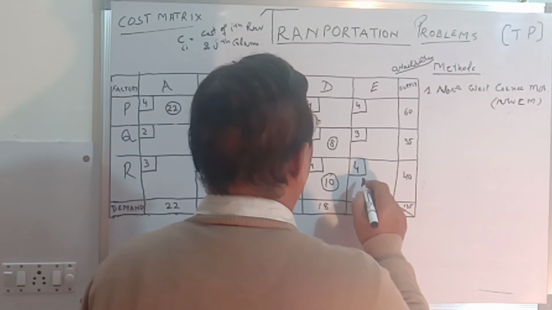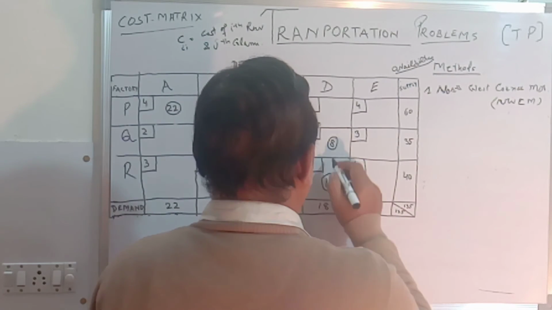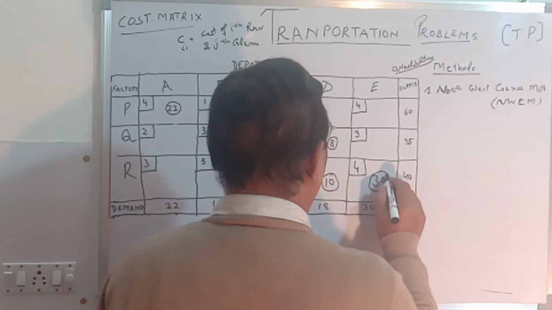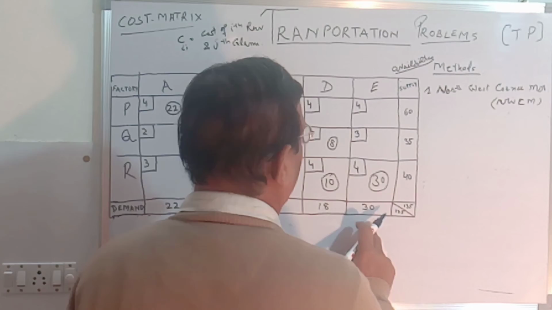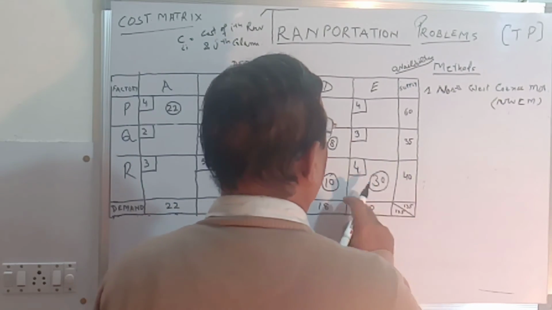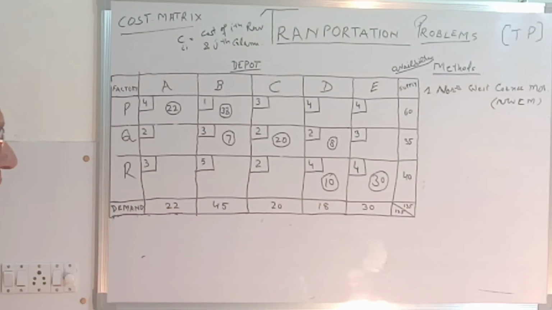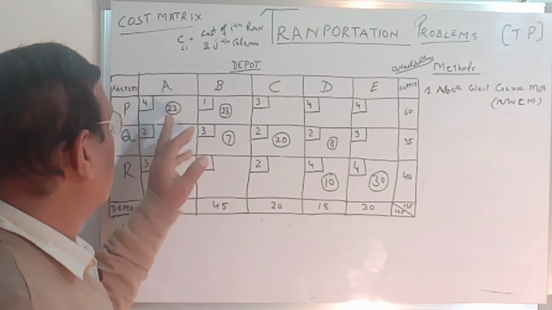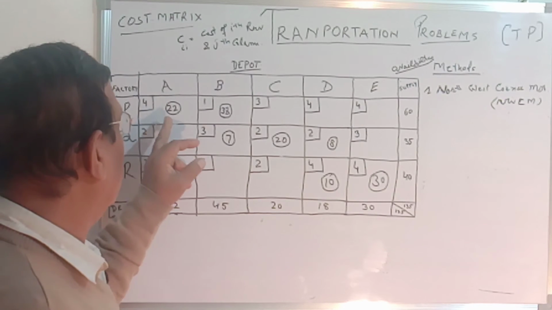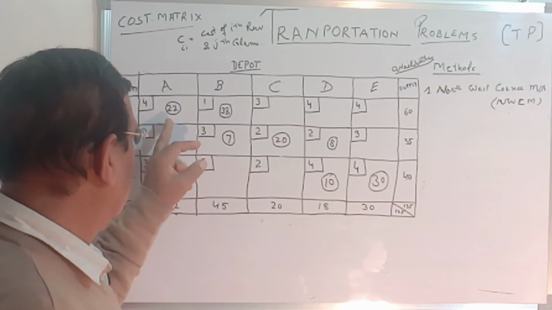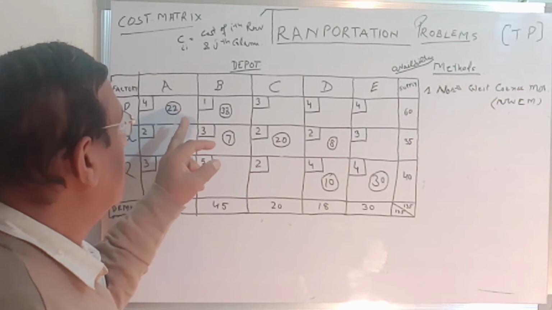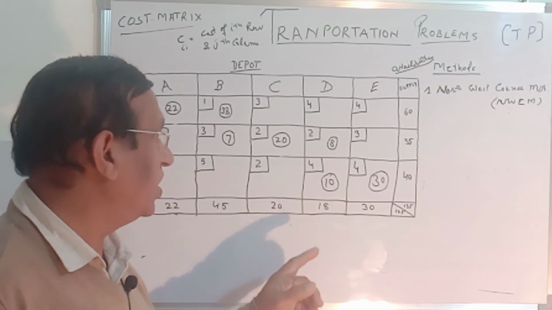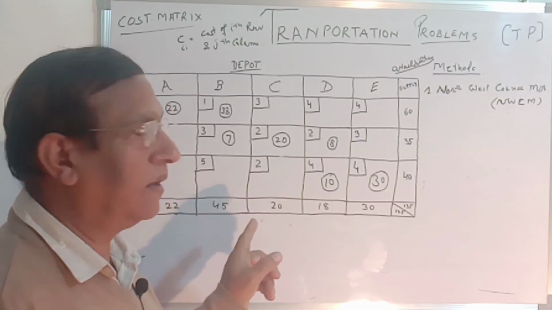And now 18 is there, now 30. 30 units satisfy 30 demand and 40 supply. Starting from the first row, first column, first cell, allocate as much as possible, which satisfies all the demands and supply, keeping in view the constraints. These are the constraints of demand and supply.